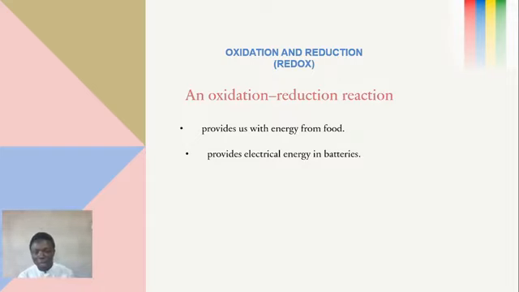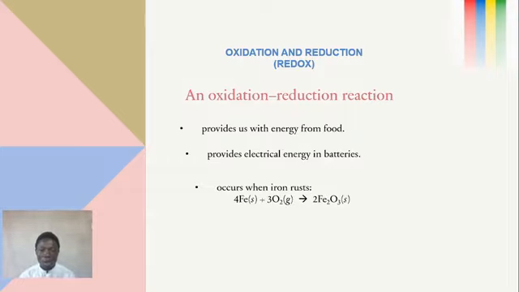At the electrode, either cathode or anode, there will be reactions there, and that reaction is purely either oxidation or reduction. Are we together? Good. And that is important in battery technology.